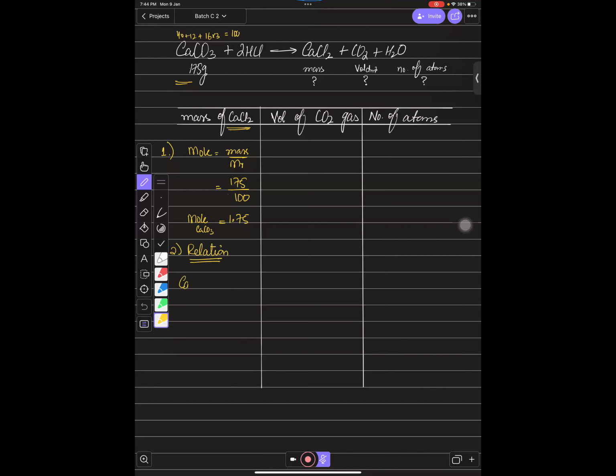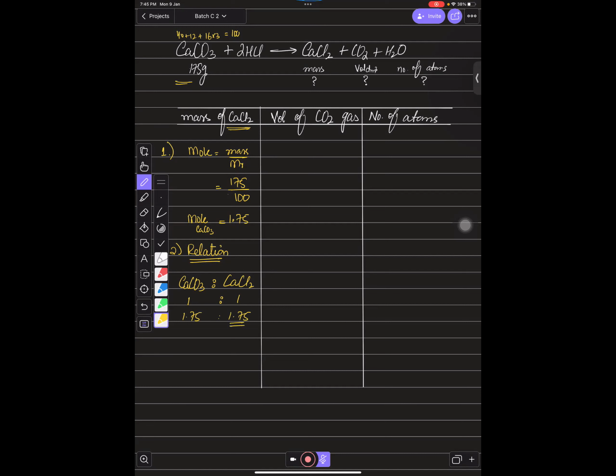It is calcium carbonate. And what is required from you? It is calcium chloride. According to the equation, they both have the same ratio. If you have 1 mole of calcium carbonate, definitely 1 mole of calcium chloride will be produced. So if the ratio is the same, definitely you will have the same answer in moles as well. So if it is 1.75, it must be 1.75.